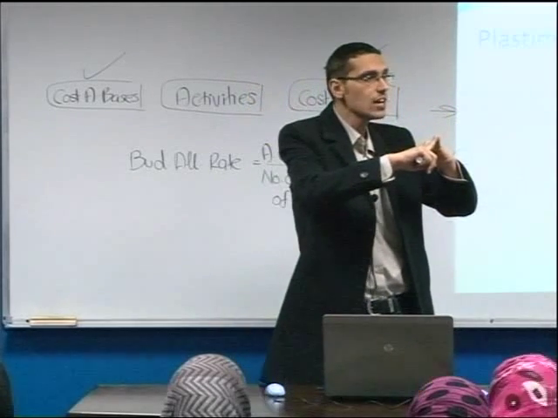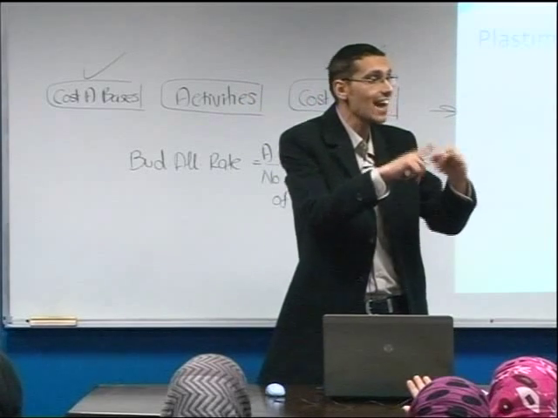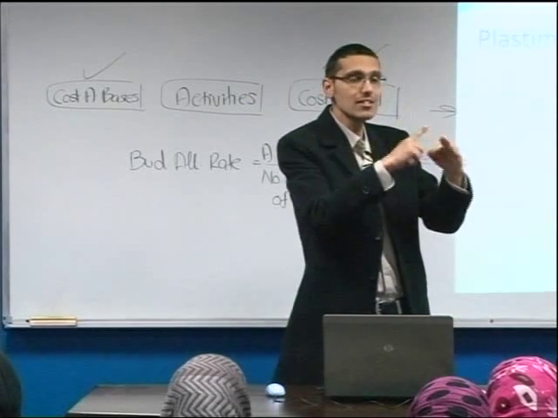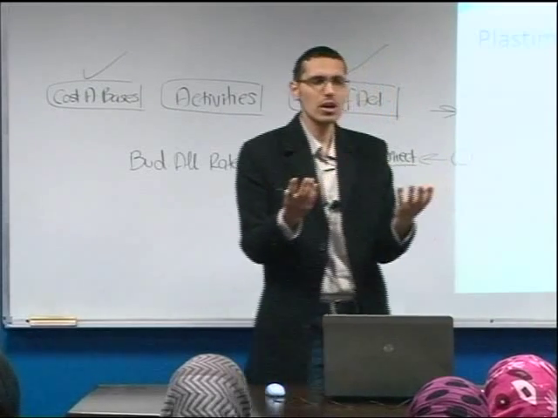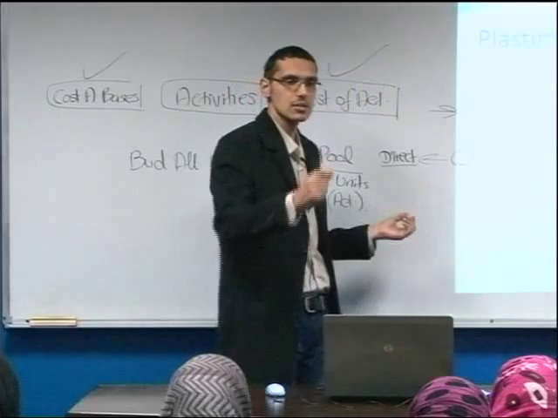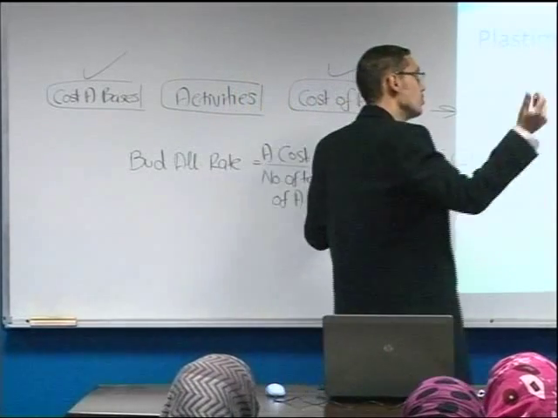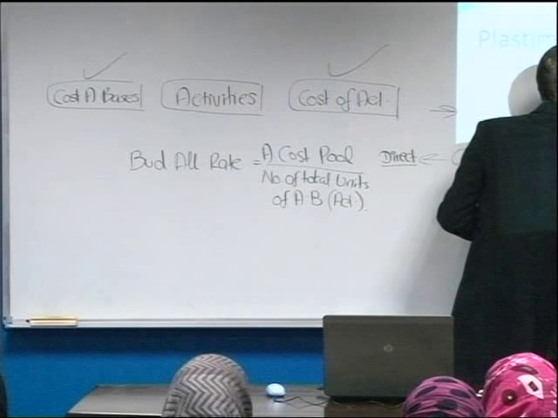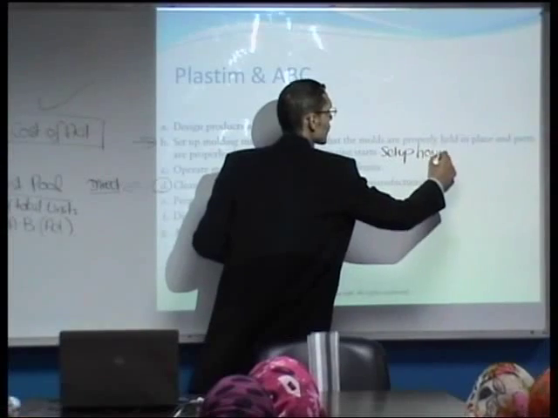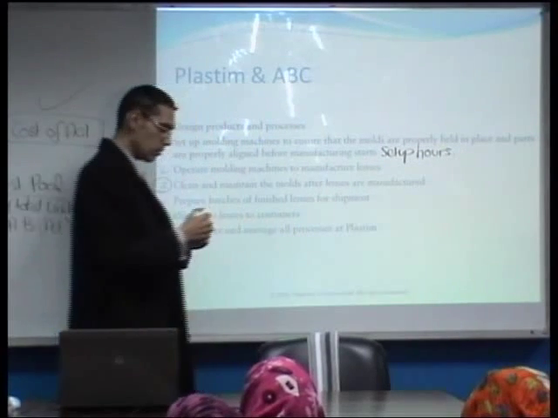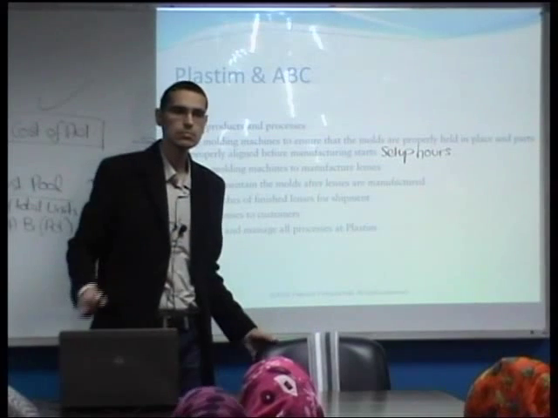We should have economic plausibility, we should have goodness of fit, and the independent variable should be significant. Therefore, what could be our allocation base in this case? Excellent. Setup hours. This could be our allocation base. What else?